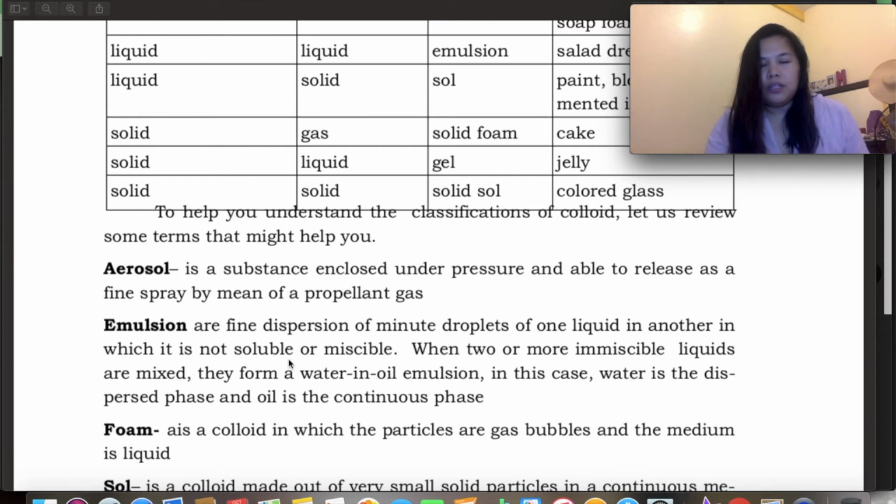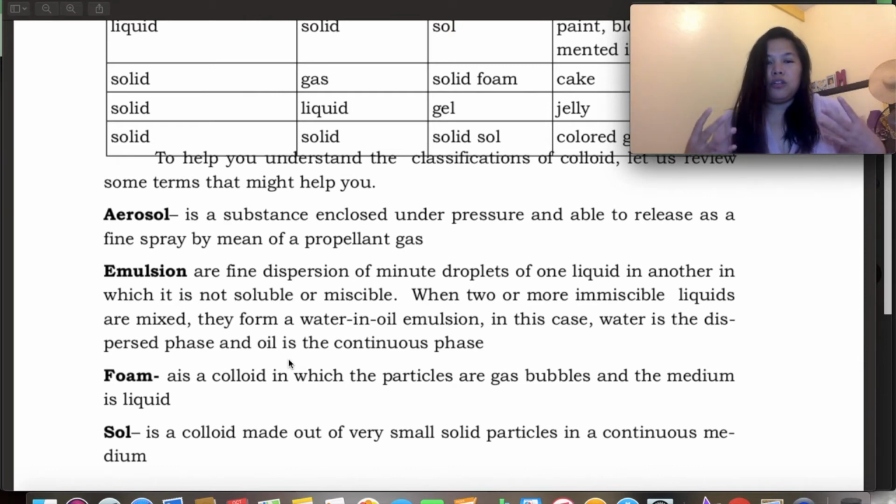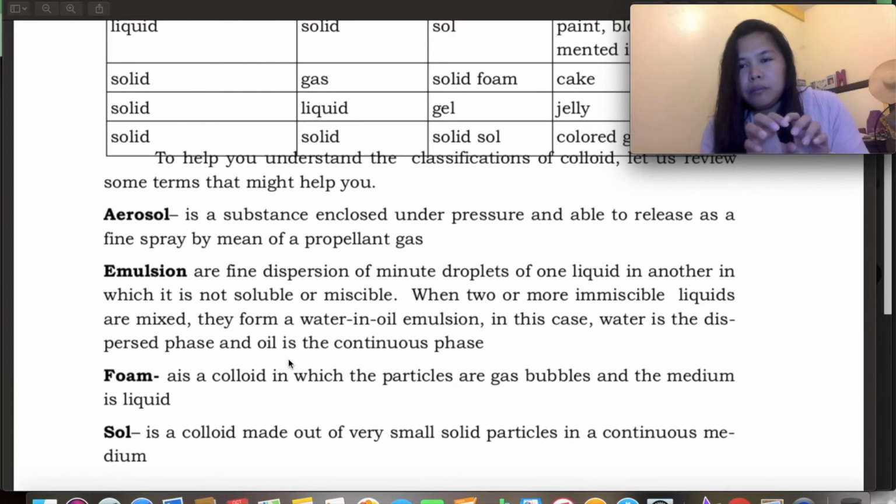Then emulsion, a fine dispersion of minute droplets of one liquid in another which are not soluble or miscible. When two or more immiscible liquids are mixed, they form a water in oil emulsion. In this case, water is the dispersed phase and oil is the continuous phase. Like when you make mayonnaise, with the oil and then the egg.